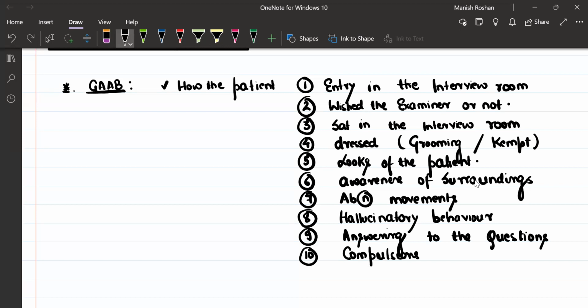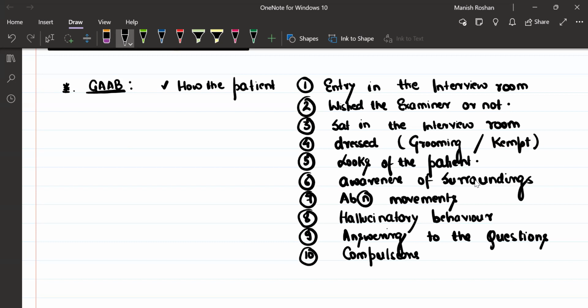Usually general appearance and behavior starts with: a person of stated age entered the interview room. He wished the examiner, sat on the offered chair. The patient was moderately groomed and kempt, was wearing, for example, a shirt and a pant, was looking to the interviewer. He was aware of his surroundings.